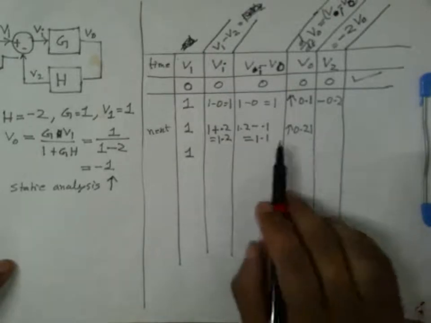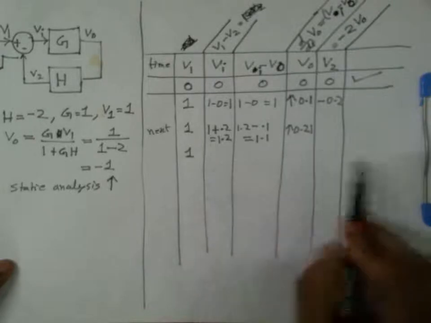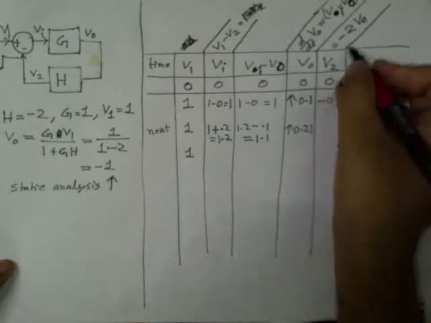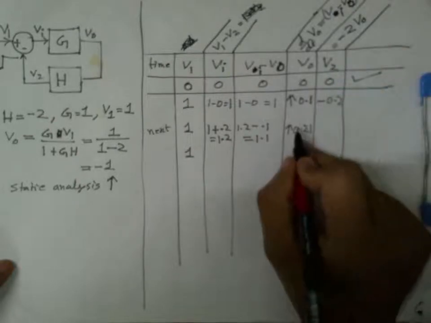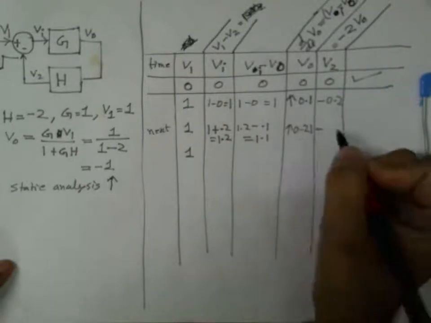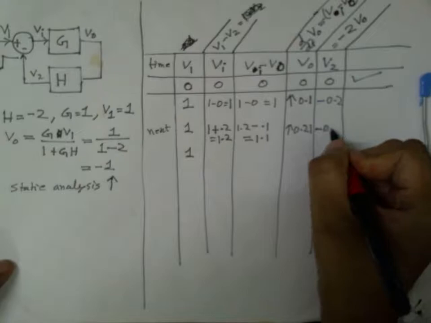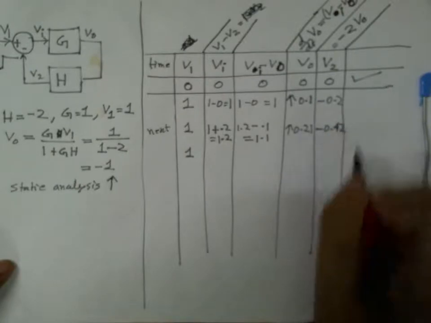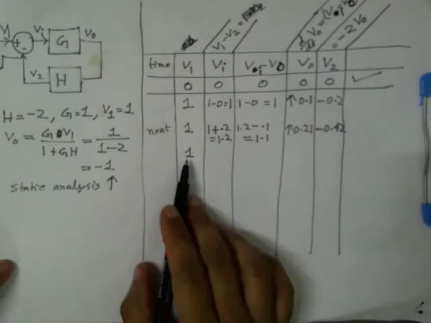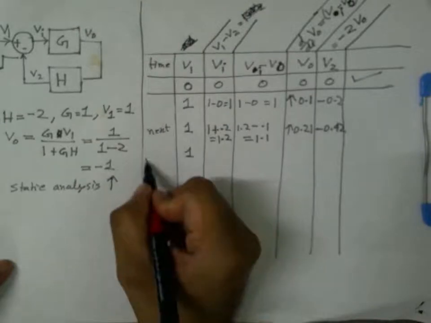And if so, then this V2 will become minus 2 times this, so this will become minus 0.42. Okay, now let's come back again to the next step.